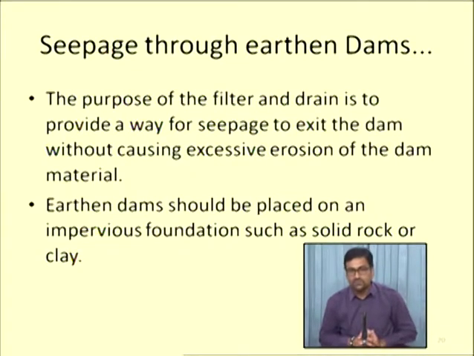So that should not happen, and we should avoid it. An earthen dam should be placed on an impervious foundation such as solid rock or clay. The requirement of foundation is not as rigorous as for the gravity dam, but still we need to look for very good solid rock or at least a good clay so that it can rest without giving much trouble of seepage through the foundation.